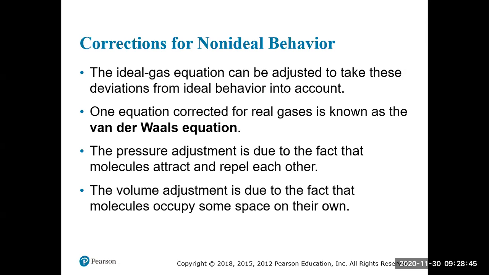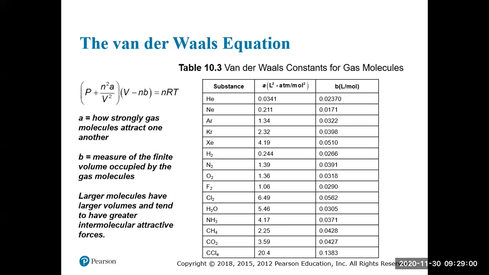And then there's a volume adjustment due to the fact that the gas molecules do take up some space. So instead of saying it's nothing, it takes into account what that value might be. Here we see what that rewritten equation looks like when you take into account those adjustments.